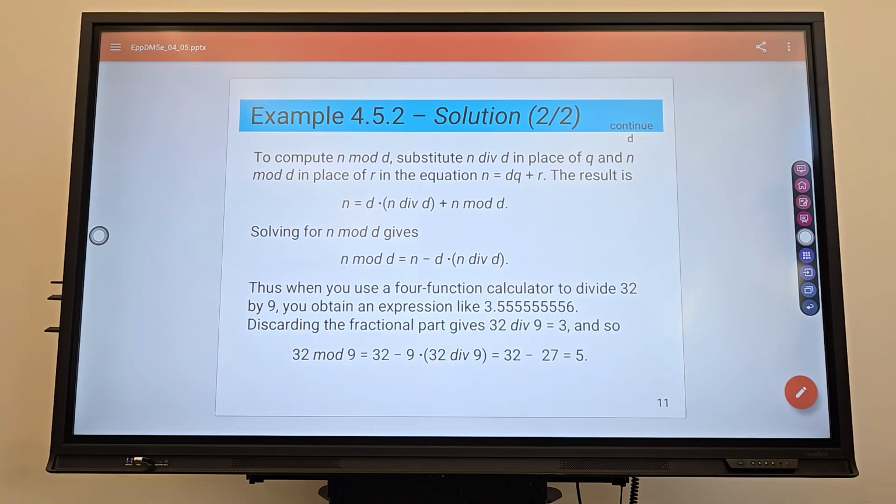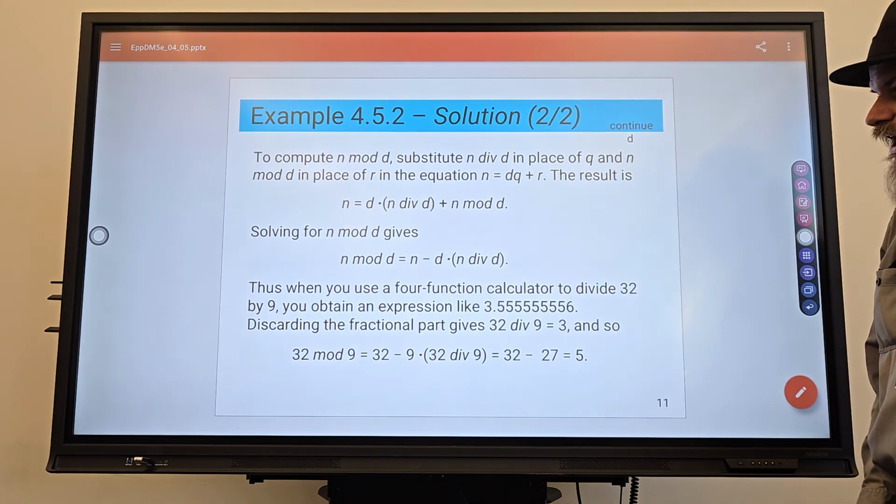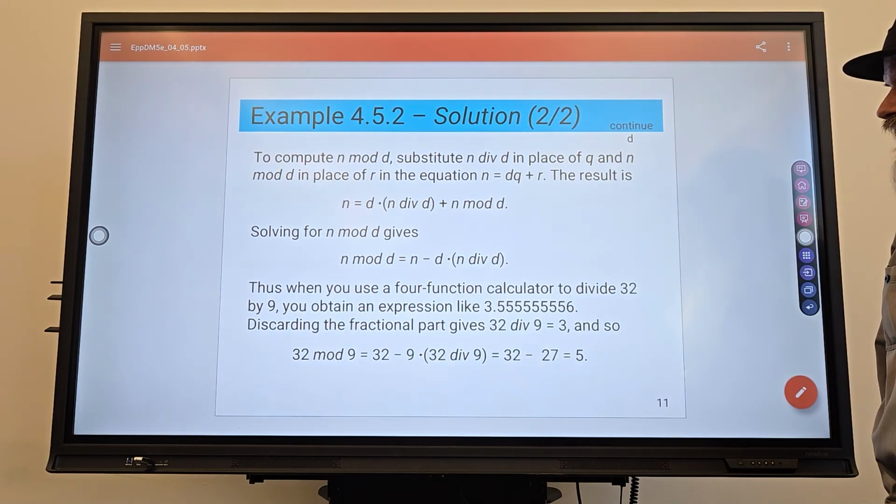The result is this here, solving for n mod d equals n minus d times n div d. Thus, when you use a 4-function calculator to divide 32 by 9, you obtain an expression like 3.5555, etc. Discarding the fractional part gives you 3.